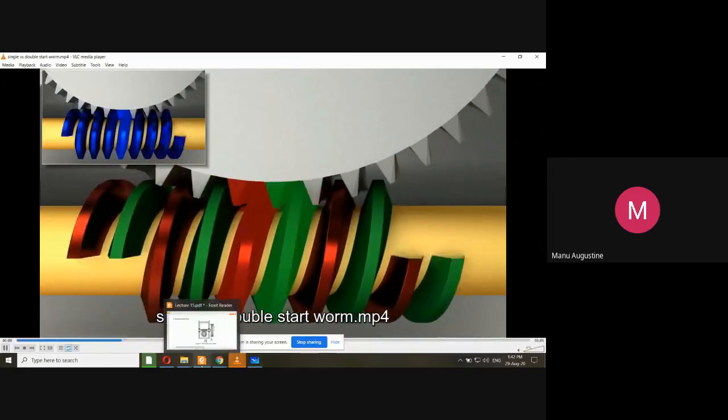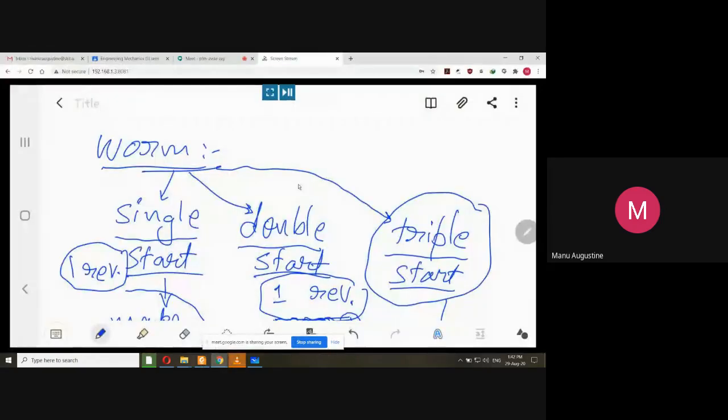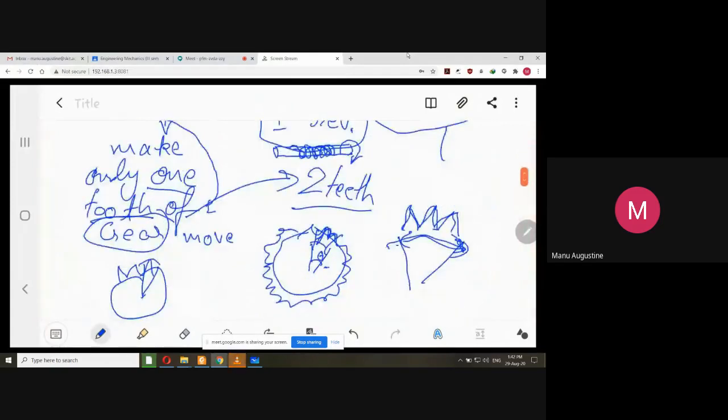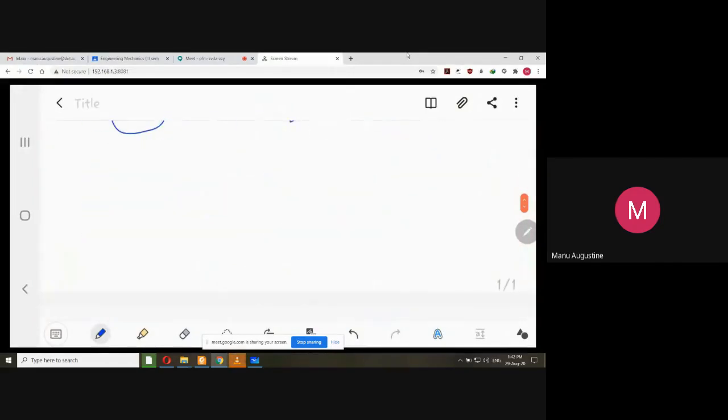even before we proceed further, I would like to give you some additional concepts about screw threads. See, a screw thread, which according to what we are studying right now, is like this. Let me try to draw it as well as possible.